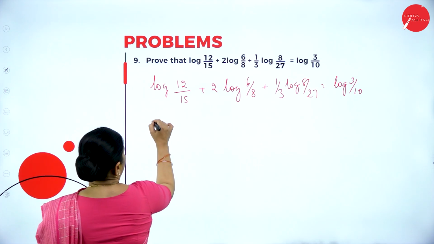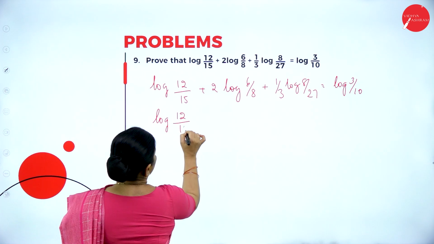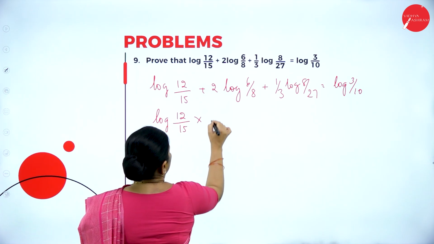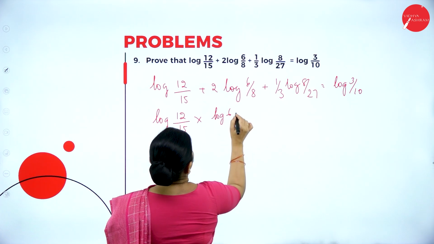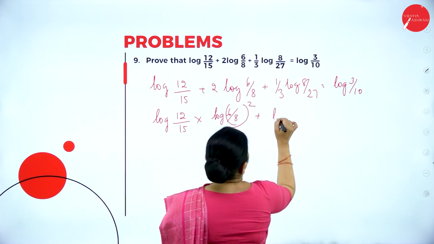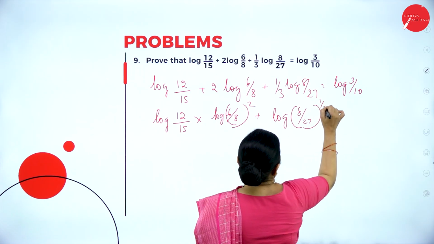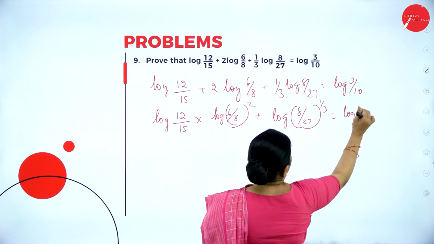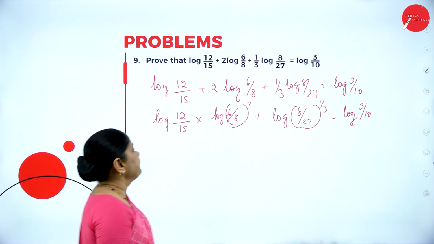Now, I'll rewrite it as log 12 by 15 into log 6 by 8 the whole square plus log 8 by 27 to the power of 1 by 3 equals log 3 by 10.